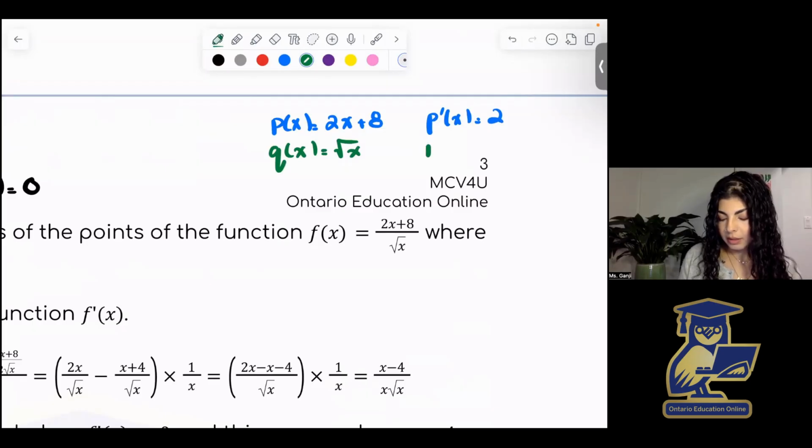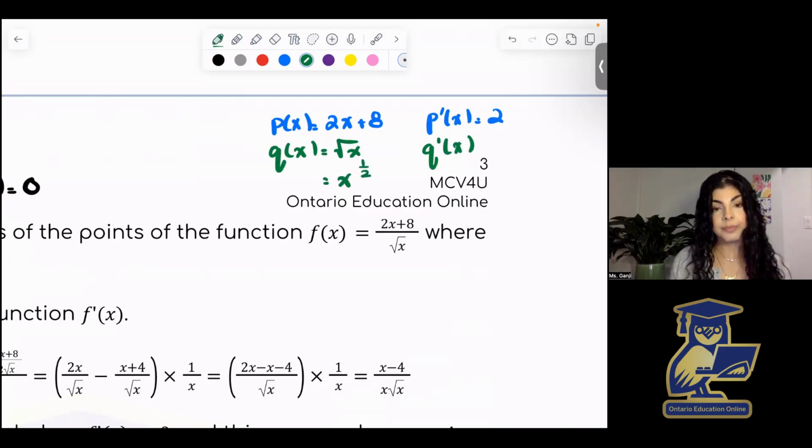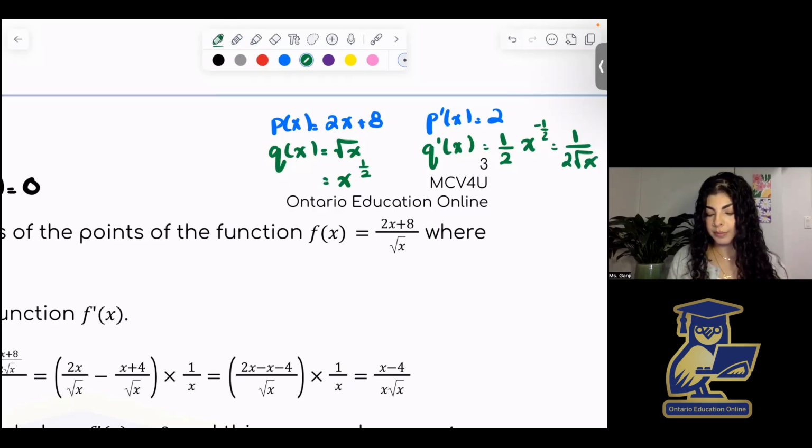And this has a derivative. Again, keep in mind this is just x to the power of half. So then by the power rule, we have half times x to the negative half, which is 1 over 2 square root of x.